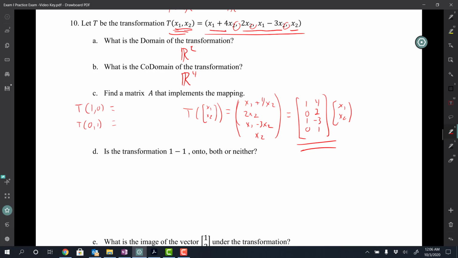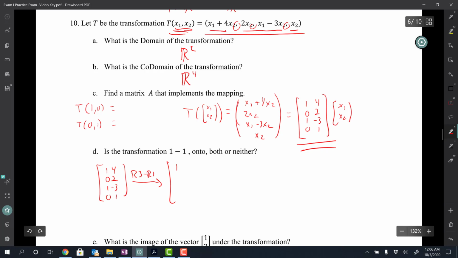Now I can determine this if I can find the pivots for my matrix. So I'm going to take my matrix and do some row reduction until I can identify how many pivots I have and where they are. So in this case, my row operation is going to be row 3 minus row 1. Row 1 stays the same. Row 3 becomes 0, -3 minus 4 is going to be -7, 0, and 1.